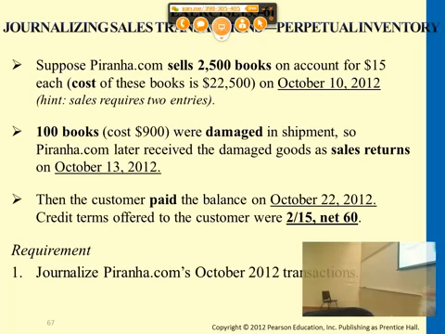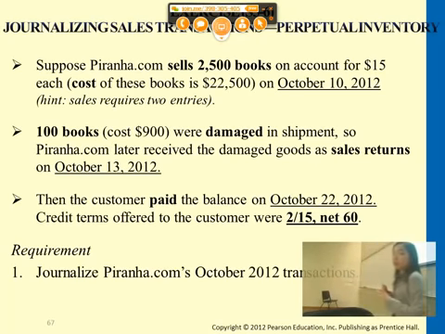All right, let's take a look at the first bullet point here for sales transactions. For any type of sales event, there are always two entries affected. You have one entry capturing sales revenue, the retail price that you're getting from the customer. Another entry will be capturing the cost of the inventory.